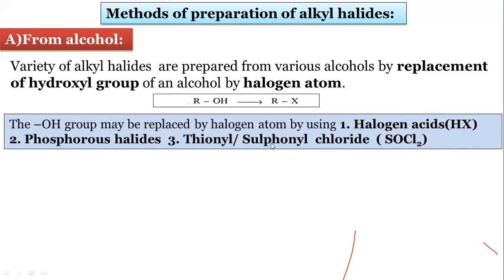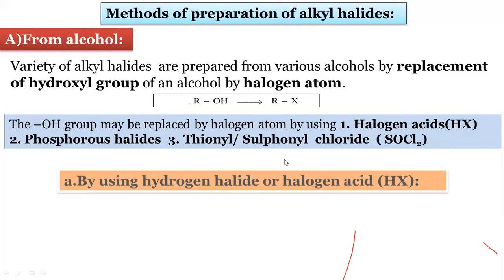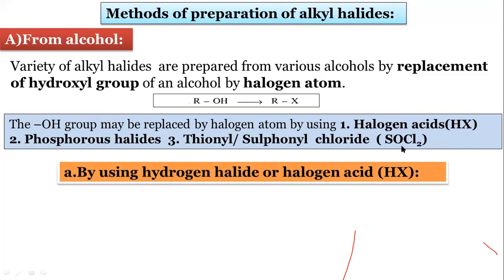See here in detail it is given. The OH group is replaced with a halogen atom. There are 3 reactions: by using halogen acids HX, by using phosphorus halides, and by using thionyl chloride SOCl2.